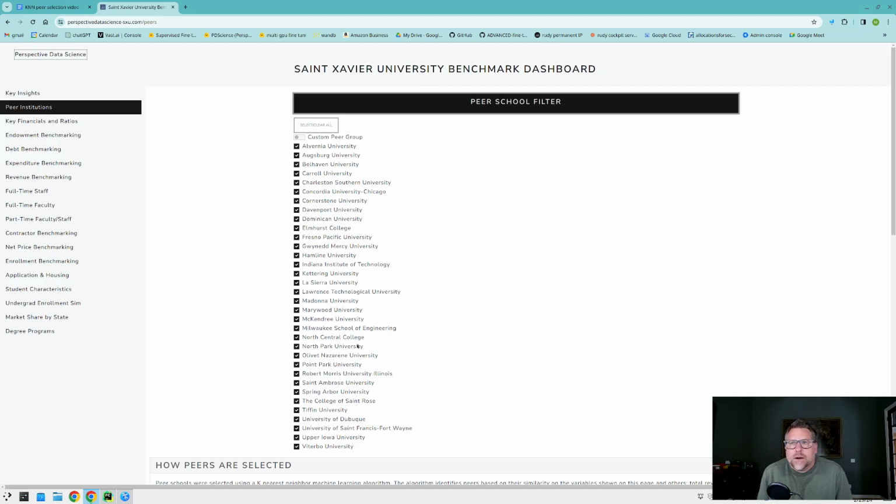A big sample is great in that you get more precision in identifying what's the normal discount rate, for example. What's a normal number of applications for a school like mine? It's great to get a really precise estimate of that. You typically need more than 10 peer institutions to hone in on that estimate.